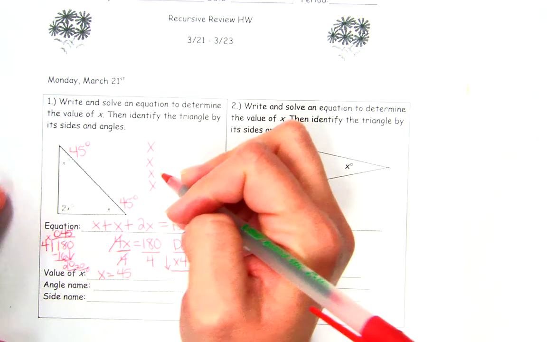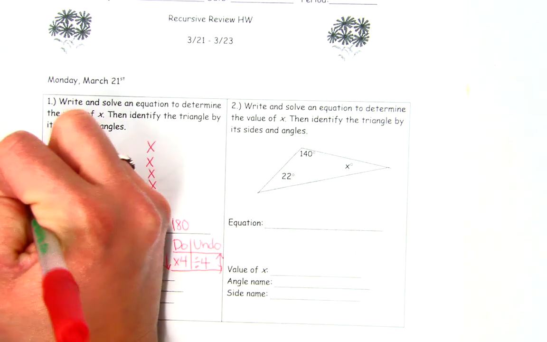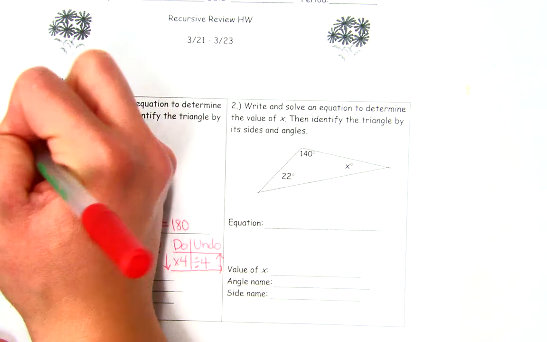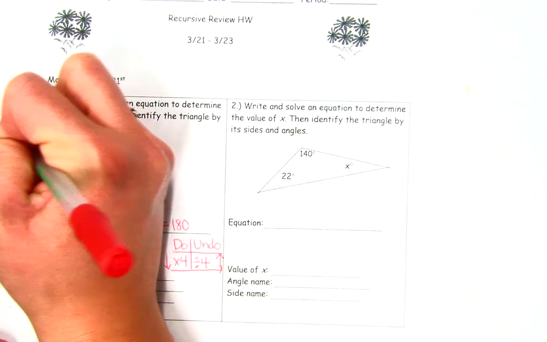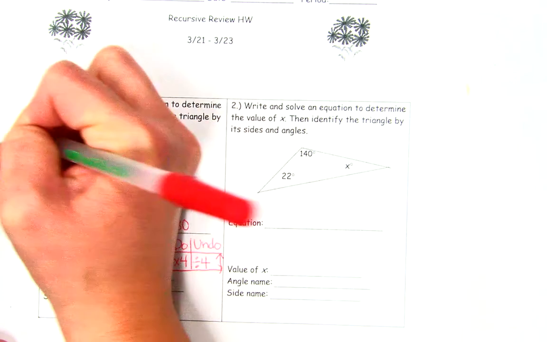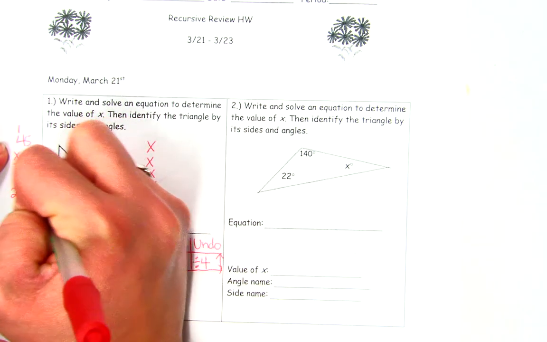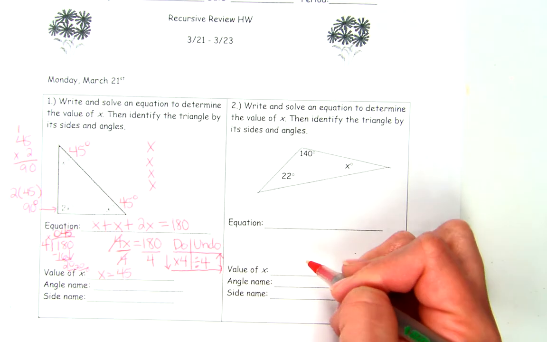Then 2x, that means I have 2 times 45. So 45 times 2, you need to see it mathematically. 5 times 2 is 10. 2 times 4 is 8, plus 1 is 9. So that means this angle right here is actually 90 degrees.